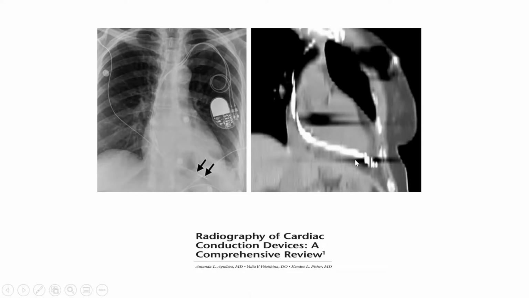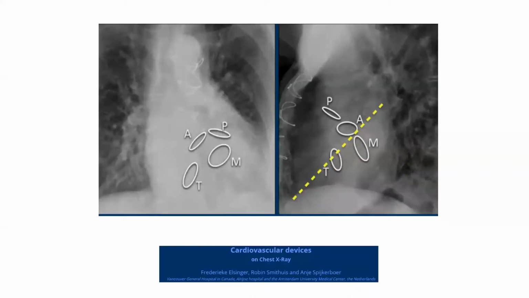You see the RV dimension here, and the lead is seen beyond the RV border. So this is a case of lead perforation.